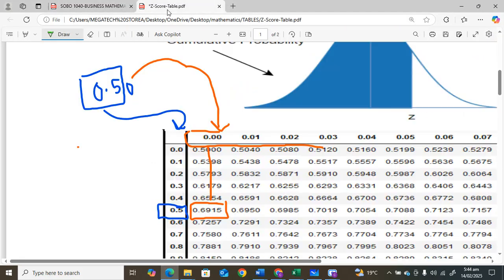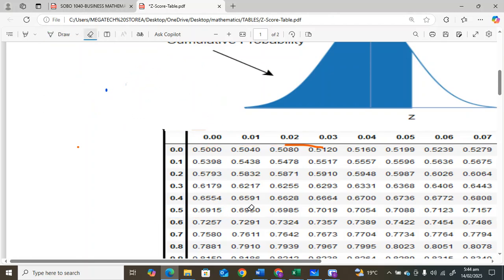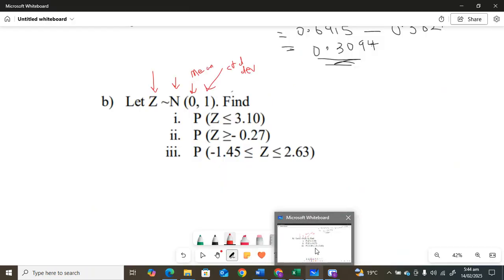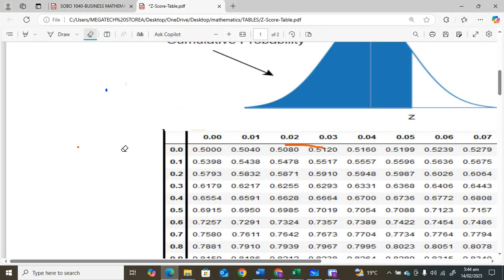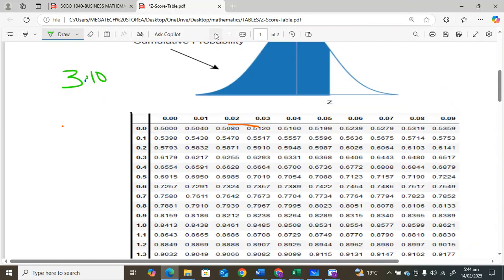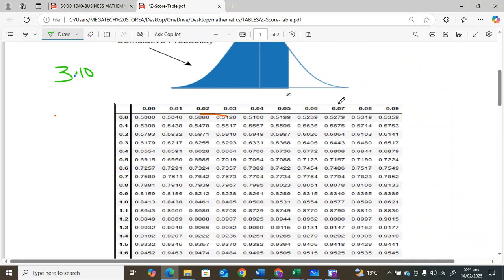Here's the table. What value was it again? 3.10. Someone to tell us how we read this on the table. Hey, we've already forgotten, colleagues.